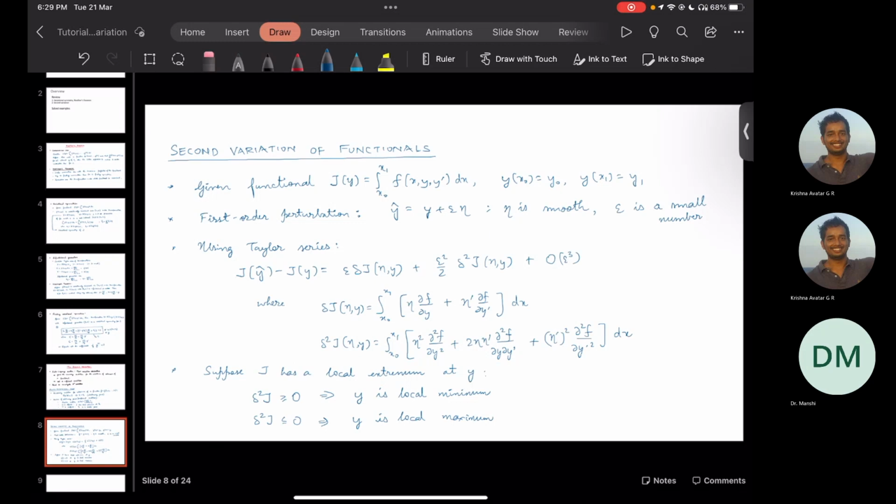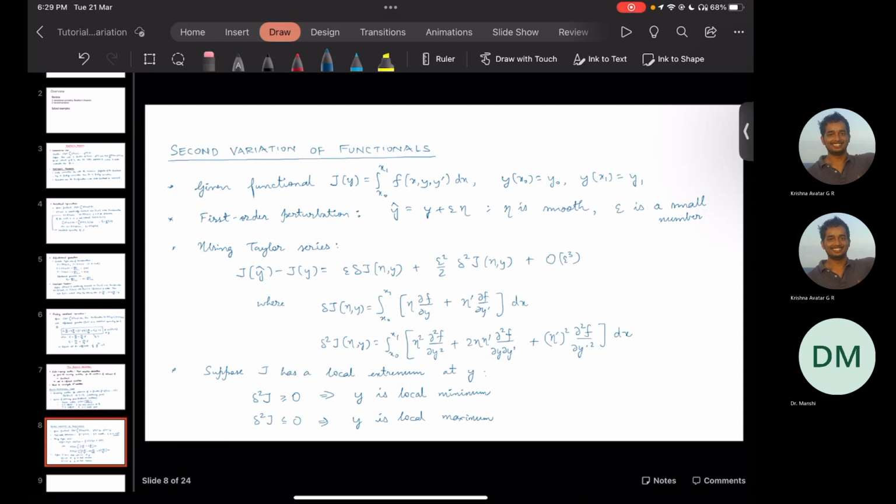where delta J of eta, y is equal to the integral from x naught to x1 of eta del f by del y plus eta prime del f by del y prime dx, and delta squared J of eta, y is the integral from x naught to x1 of the integrand eta squared del squared f by del y squared plus 2 eta prime del squared f by del y del y prime plus eta prime squared del squared f by del y prime squared.